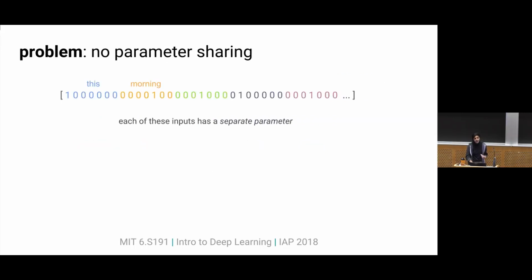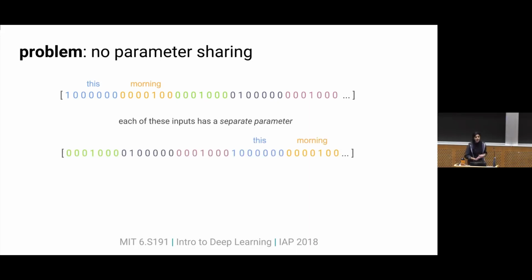The problem here is, and consider this in the scenario where we're feeding this input vector into a feed-forward neural network, each of those inputs, each of those 1s and 0s, has a separate weight connecting it to the network. If we see the words "this morning" at the beginning of the sentence very, very commonly, the network will learn that "this morning" represents a time or a setting.